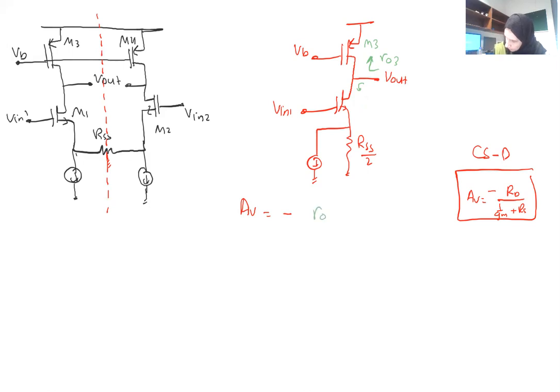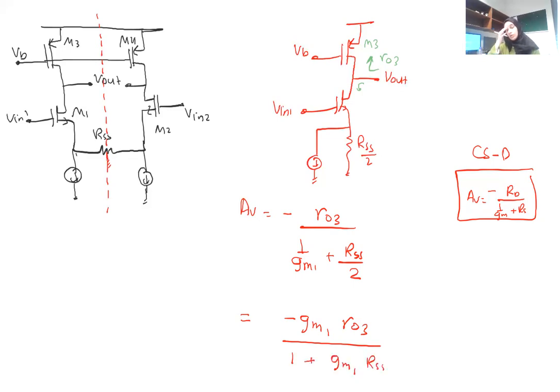I want to write in the red: minus R out 3 over 1 over GM1 plus RSS over 2. Okay, which is also equivalent to minus GM1 R out 3 divided by 1 plus GM1 RSS over 2. Both of them are equivalent expressions. Any question?